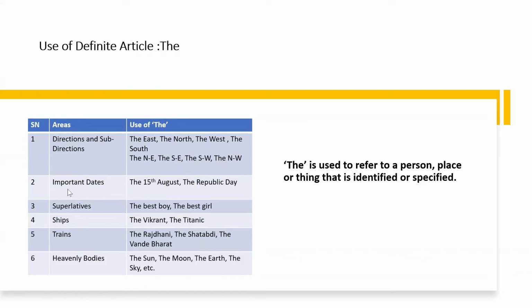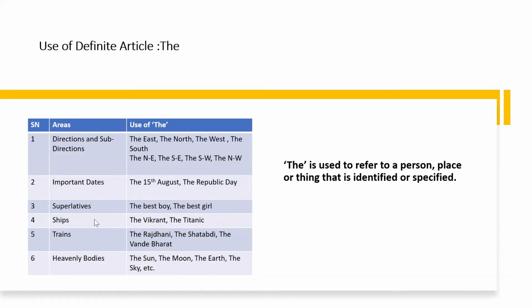Then before all the important dates: the 15th August, the Republic Day, or you can say the Independence Day. Before all the superlatives, the best boy. Superlatives, you know, good, better, best. So with all the superlatives: the best boy, he is the best boy of this class, the best girl.